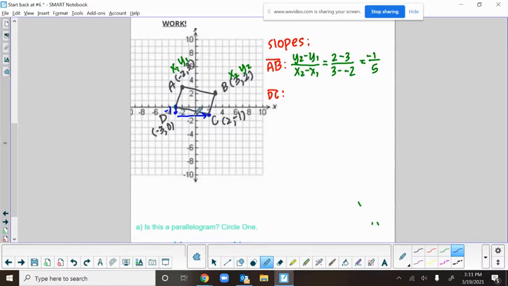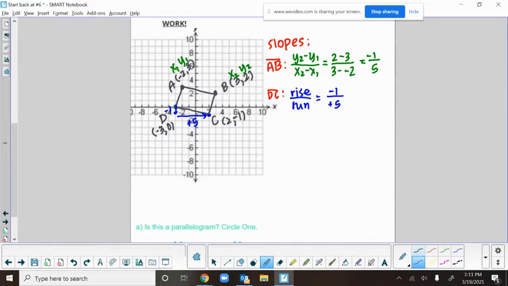So you're going down 1 and to the right, 1, 2, 3, 4, it looks like 5. So if I'm going to do rise over run, I have to remember that if I go down, I'm going to have a negative, or if I go left, I'm going to have a negative, but I will get negative 1 over 5, and that's the same slope as segment AB.